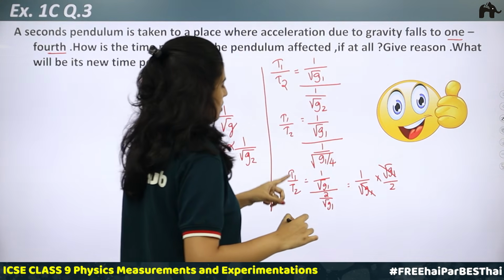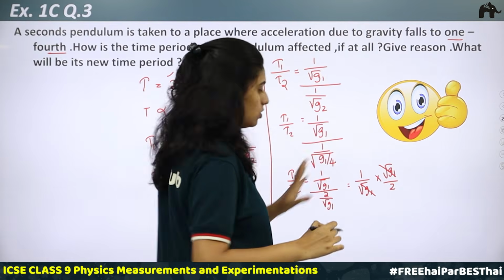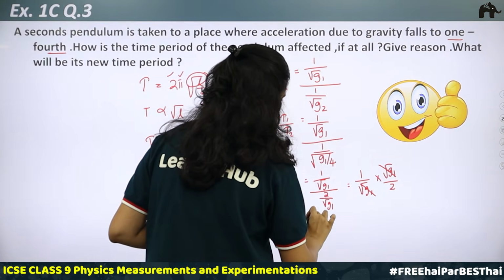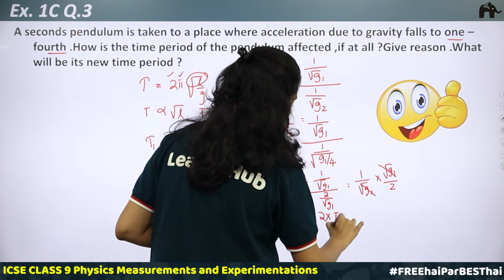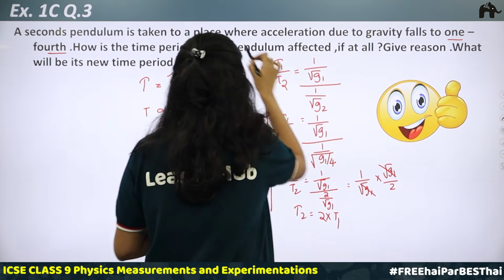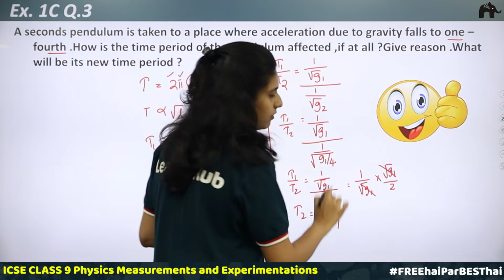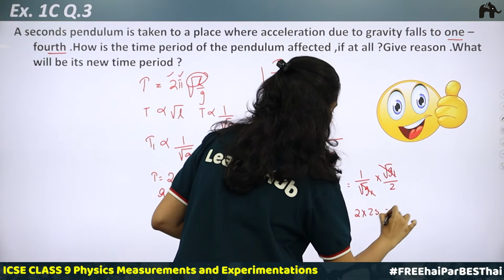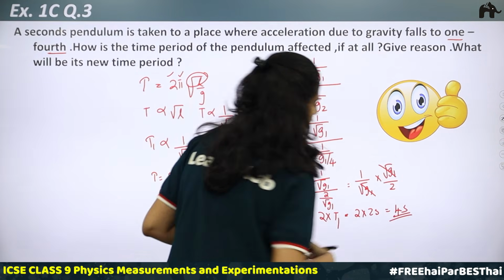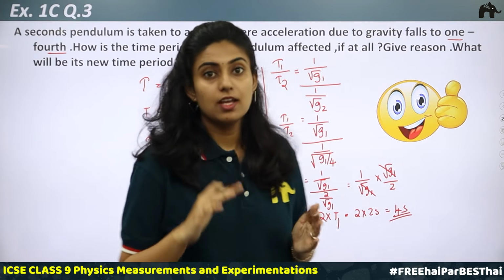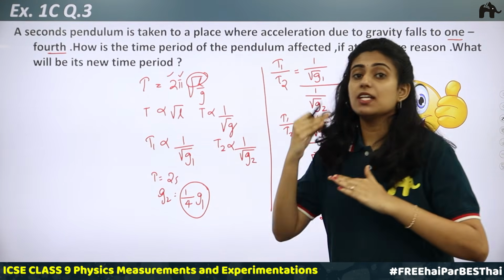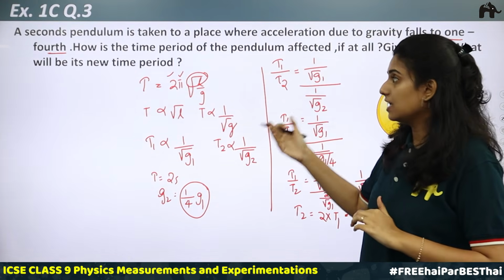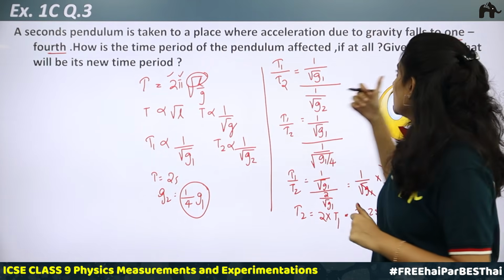So T1 by T2 is equal to 1 by 2. Then T2 will be equal to 2 into T1. Here it is a seconds pendulum, therefore T1 is equal to 2 seconds. So 2 into 2 seconds is equal to 4 seconds. Yes, the time period becomes double when the acceleration due to gravity becomes 1 by 4.